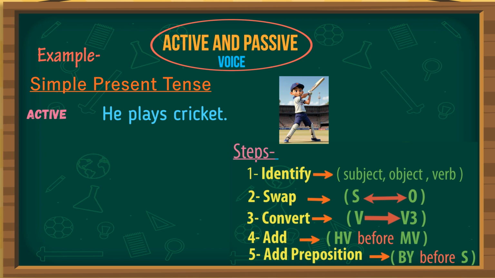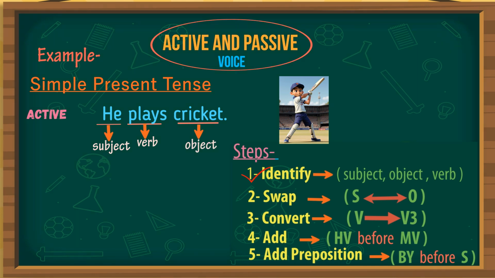In the first step, we will identify the subject and the object. Now here, who is performing the action? He is the subject. What is the action being performed? Plays. Plays is the verb. And what is the action directed towards? It's cricket. So, that's the object.